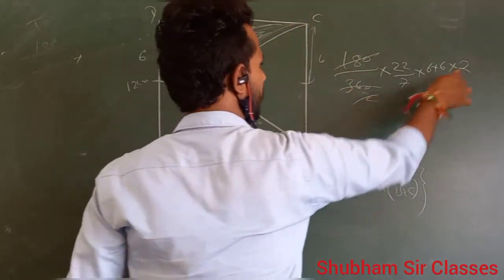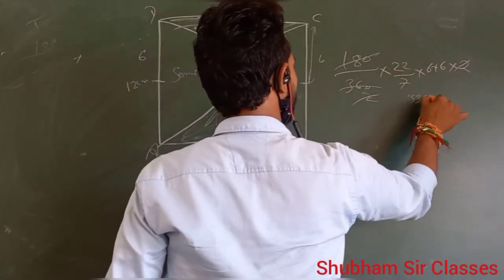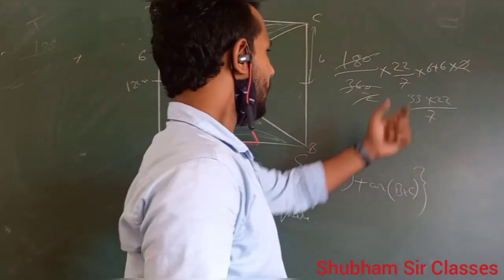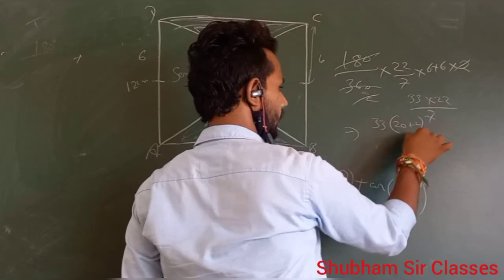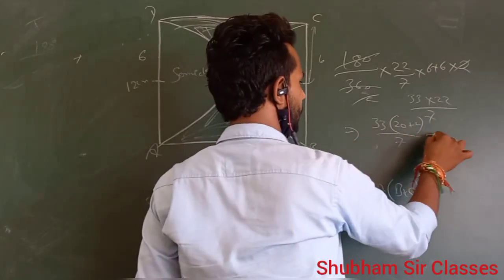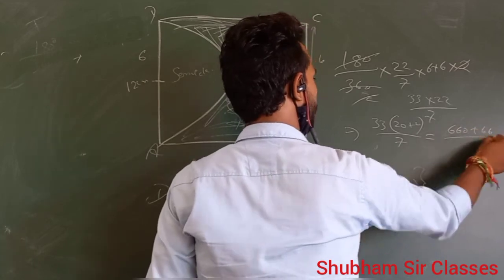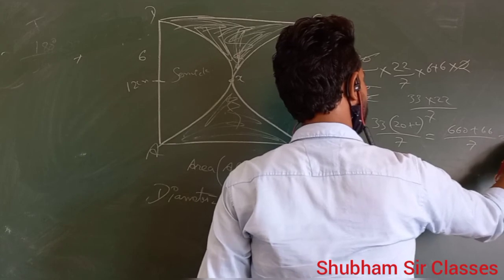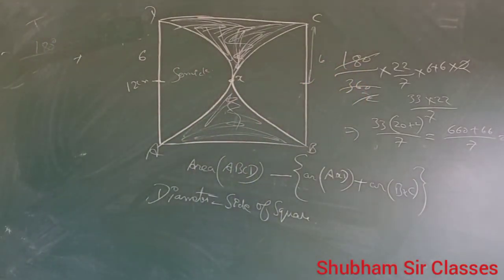The 2 and 2 cancel each other. So we have 36 into 22 upon 7. Now we can multiply 36 by 20 plus 2 to make it easier. So it will become 720 plus 72 upon 7, meaning 792 upon 7.